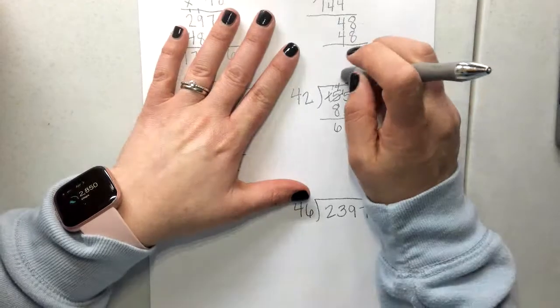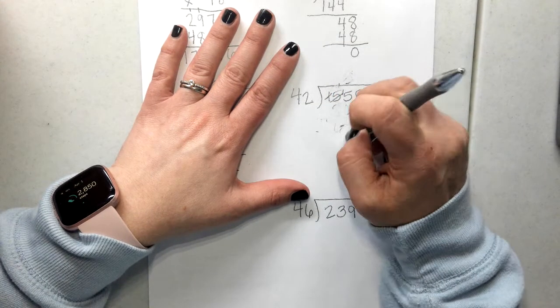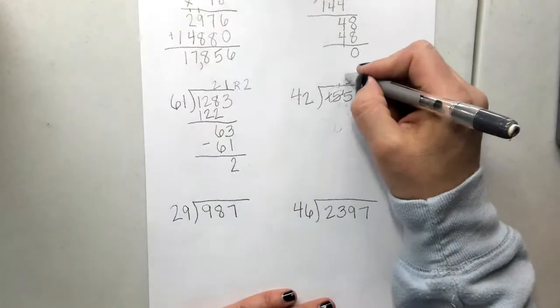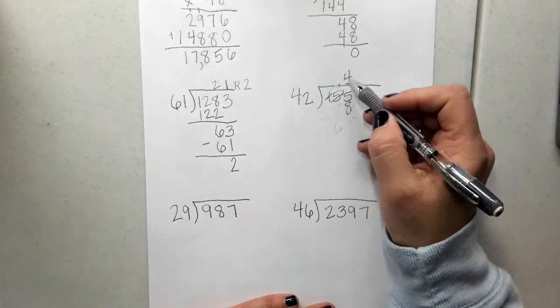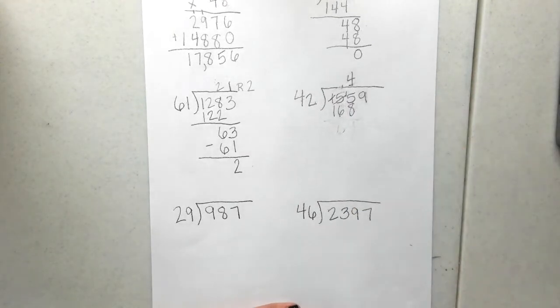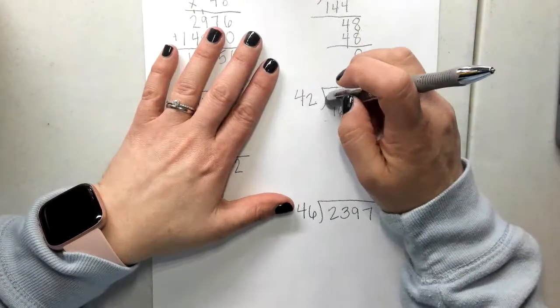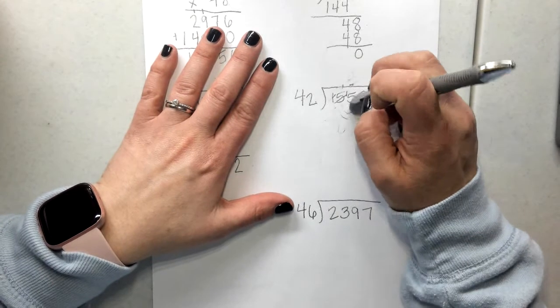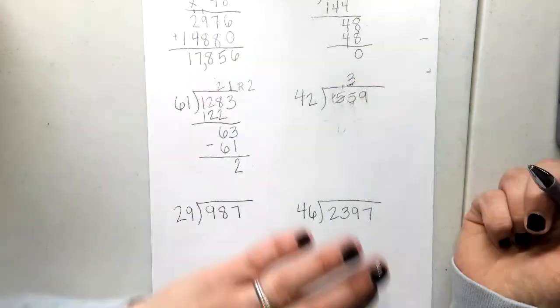And now this is where it gets a little tricky because I've done all this extra writing, but I just do the best that I can. So let's try 4. 4 times 2 is 8. 4 times 4 is 16. That's too much. So somewhere I did something wrong, just like all of you guys. Sometimes I mess up too. So let's try 3 again because I know exactly what I did wrong.